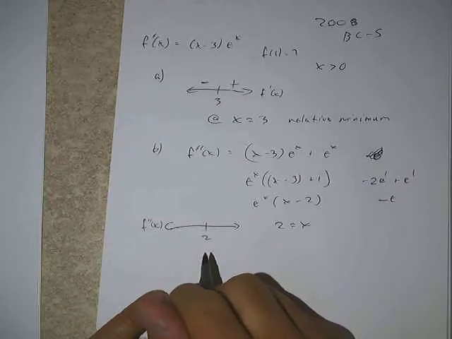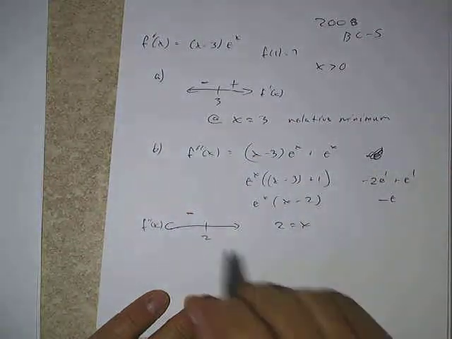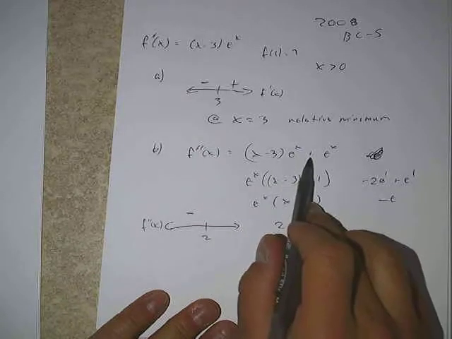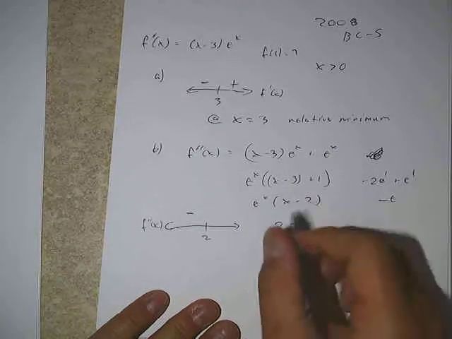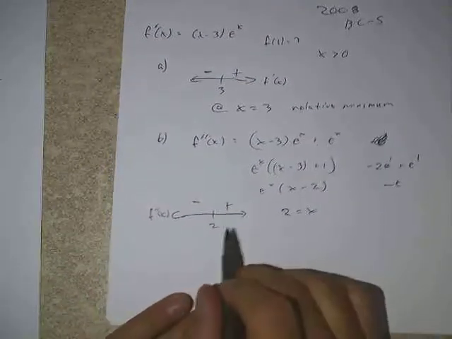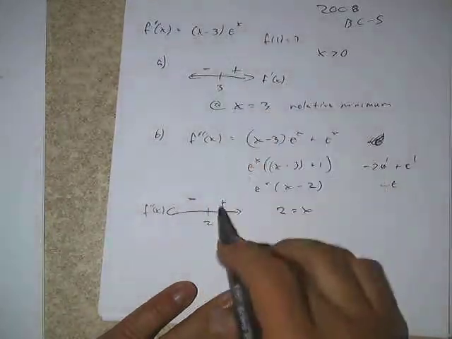Oops, not a 1 in there, a 2. I don't want to put a 2 in there. If I put a 2 in there, I'm going to get 0. So I want to put a 1 in there instead. So ultimately this is going to be negative 2, e to the 1. And this is going to be plus e to the 1. So ultimately we'd have negative e. So our answer if we put in a 1, that means that would be negative.